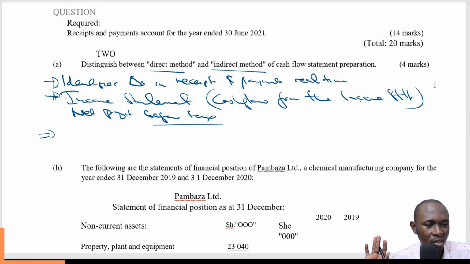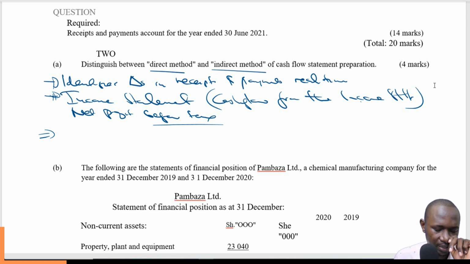So the indirect method is commonly used as opposed to the direct method, which is not commonly used. And if it is used, in most cases we are talking about small organizations which don't have a lot of complications or so many transactions.